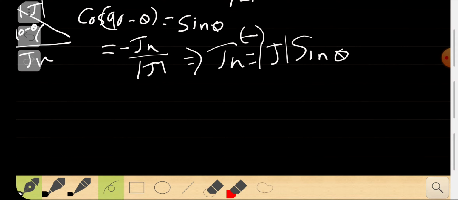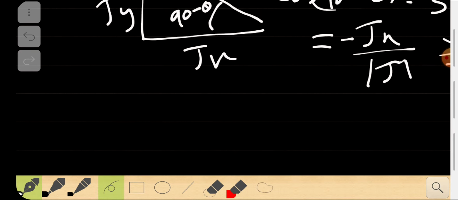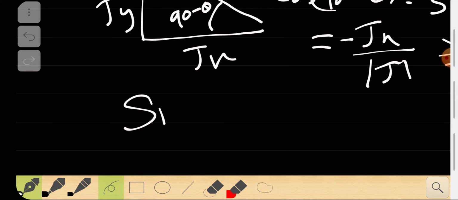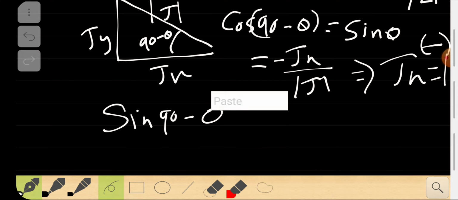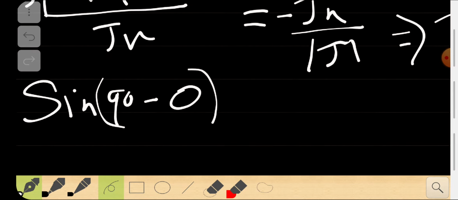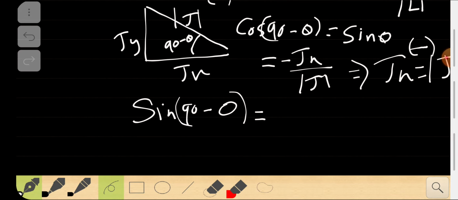And also you can look at sin of 90 minus theta, which is opposite by hypotenuse, and sin of 90 minus theta is equal to cos theta.